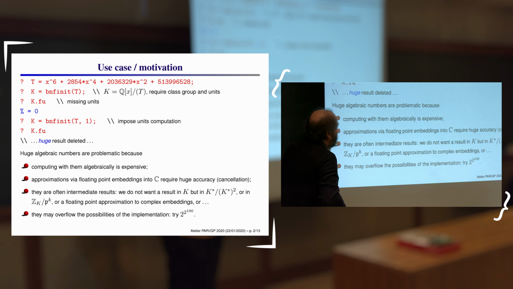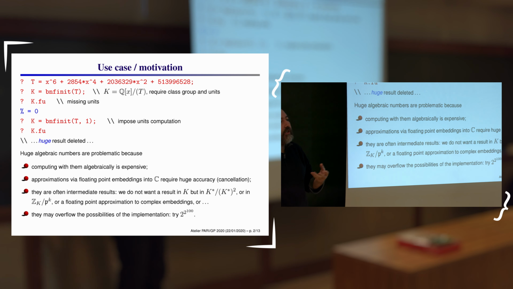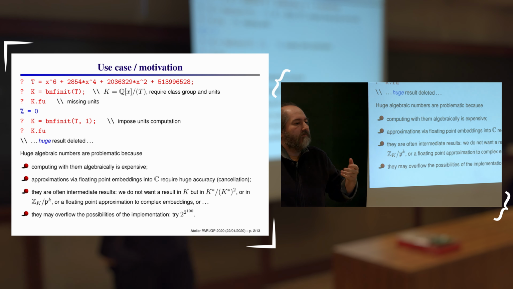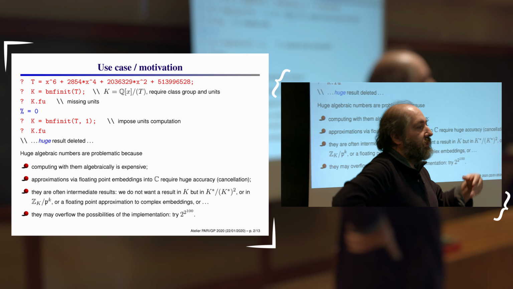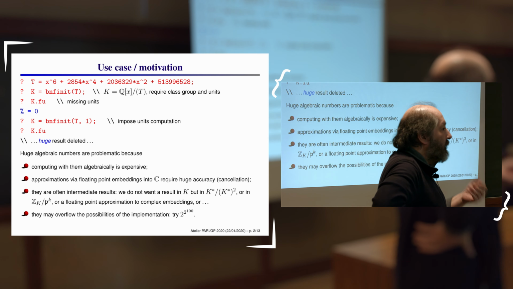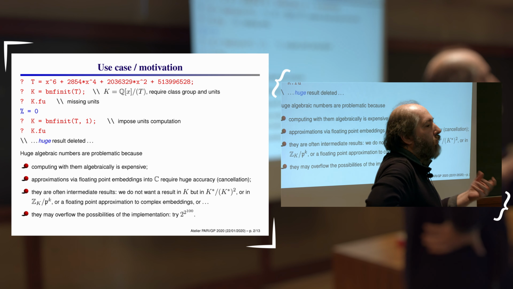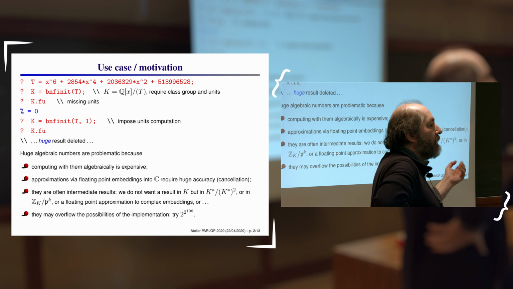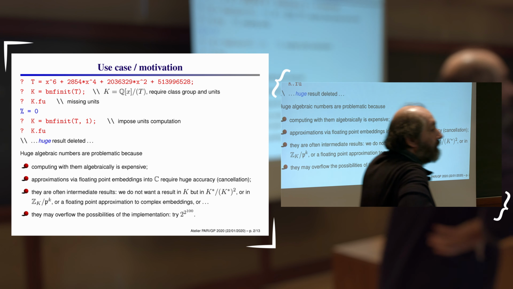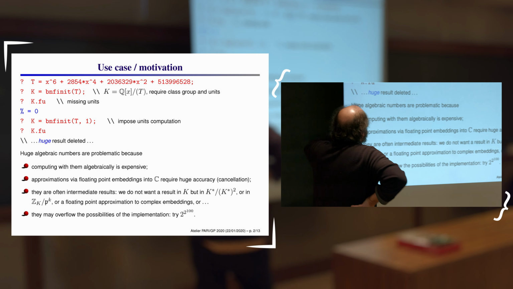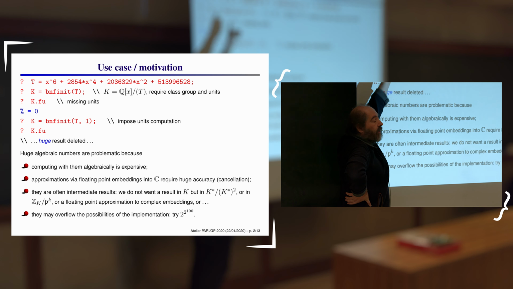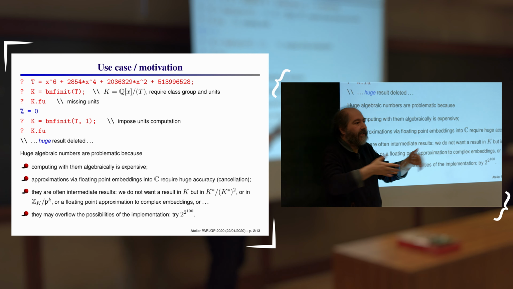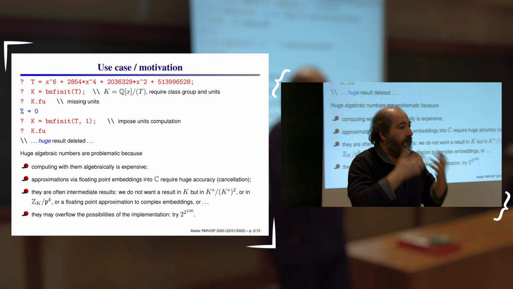Second, which is more annoying actually, is that whenever you need to, for some reason, I don't know, units usually want to take logarithmic embeddings and then compute, say, regulators. So you need to understand them as floating point numbers known to some accuracy. And of course, the way the floating point embeddings work is by computing the complex roots of this original polynomial and evaluating this nice polynomial representative at these complex roots.